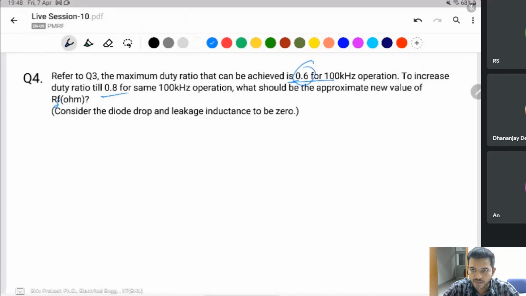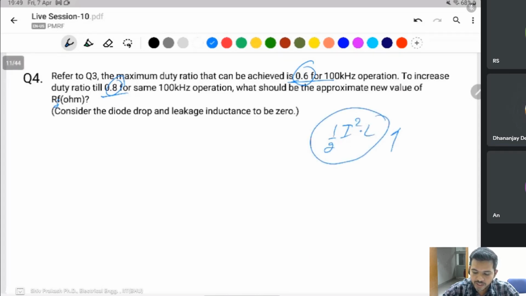If you increase it, then it should increase. The intention of this question is that we have to change this R so as to accommodate that VCEQ. If you increase the duty ratio, then more energy will be stored, half L I square.